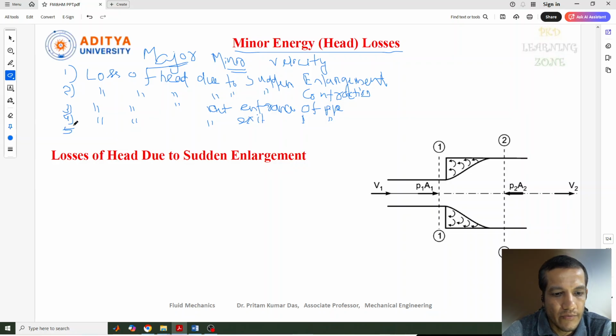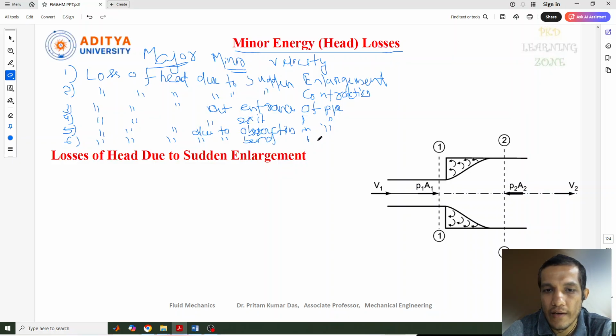Fifth one is the loss of head due to obstruction in the pipe. Similarly, the loss of head due to bend in pipe.